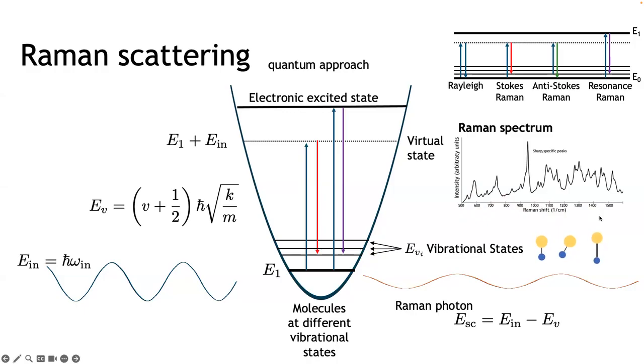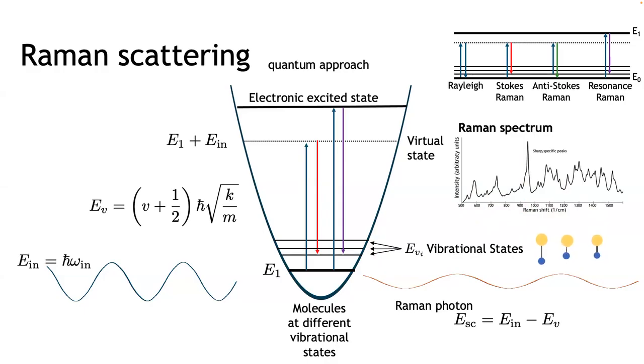So the x-axis is how different is the energy, and the y-axis is how many of those photons. So each one of these vibrations corresponds to one of these energy levels, which corresponds to one of these peaks. So by looking at this spectrum, we can practically identify the molecular bonds and the molecule itself.